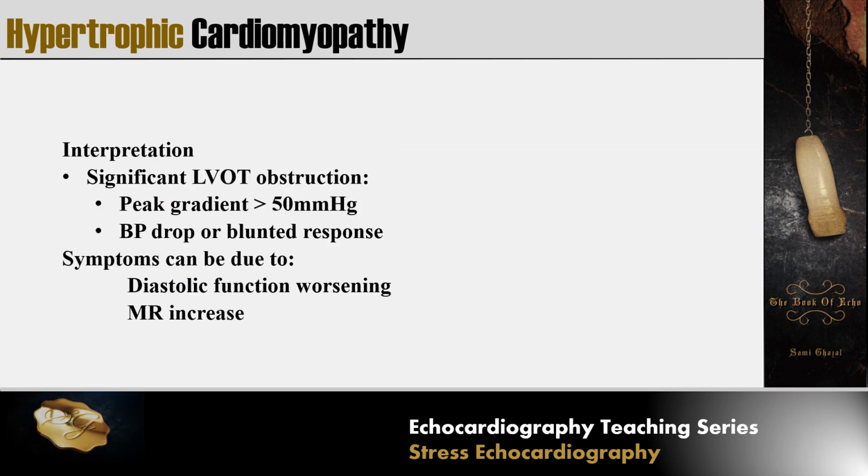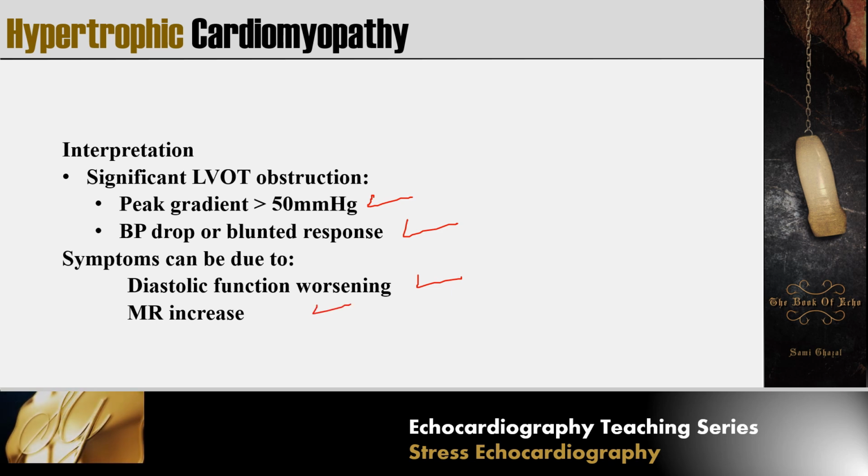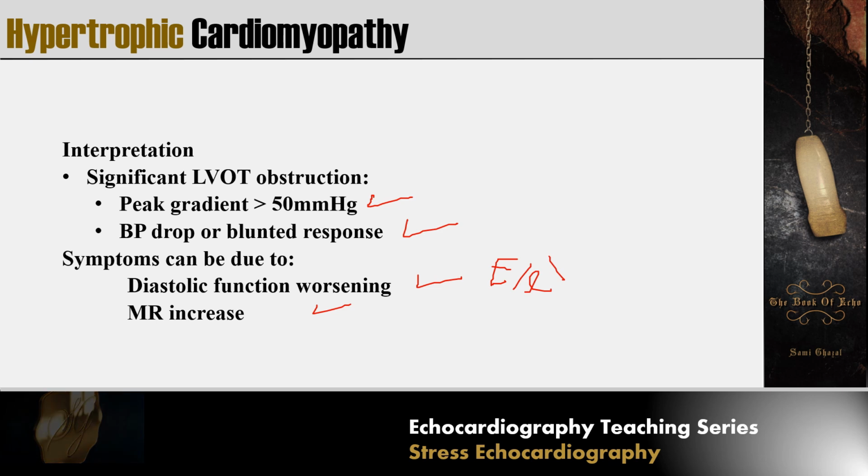In interpretation, we consider a significant LVOT obstruction a peak gradient of more than 50 millimeters of mercury, or a blunted or dropping blood pressure. However, symptoms can be there due to diastolic dysfunction or worsening of the MR. This is why we take the E over E prime and we have a look at the MR as well.